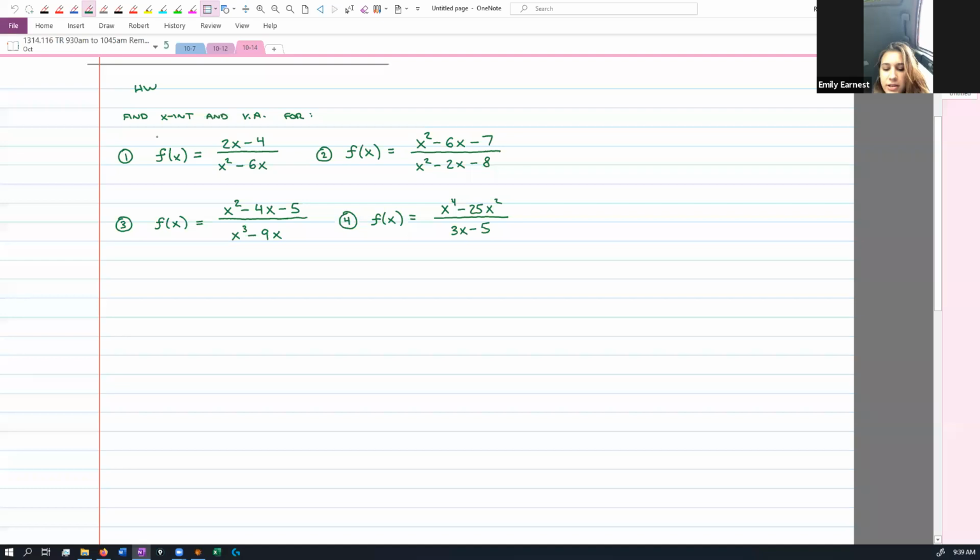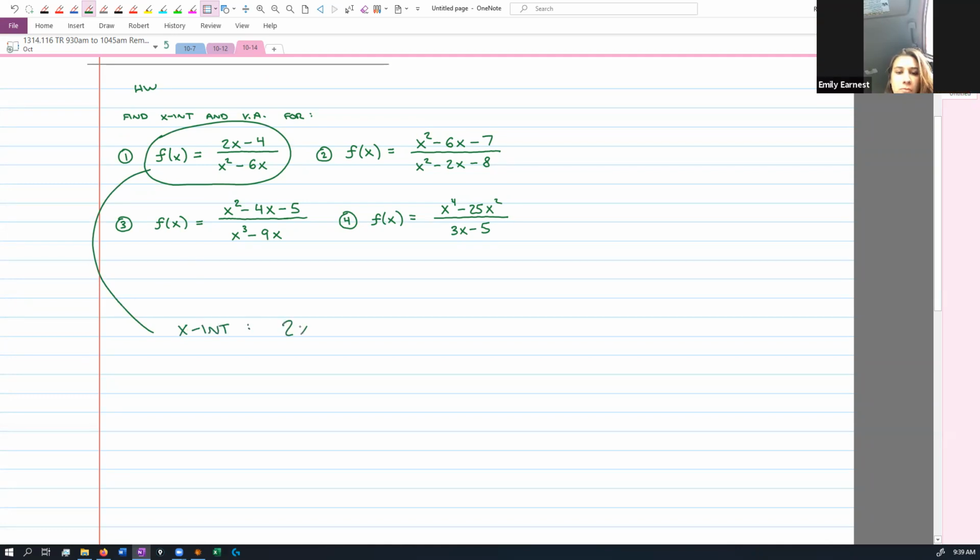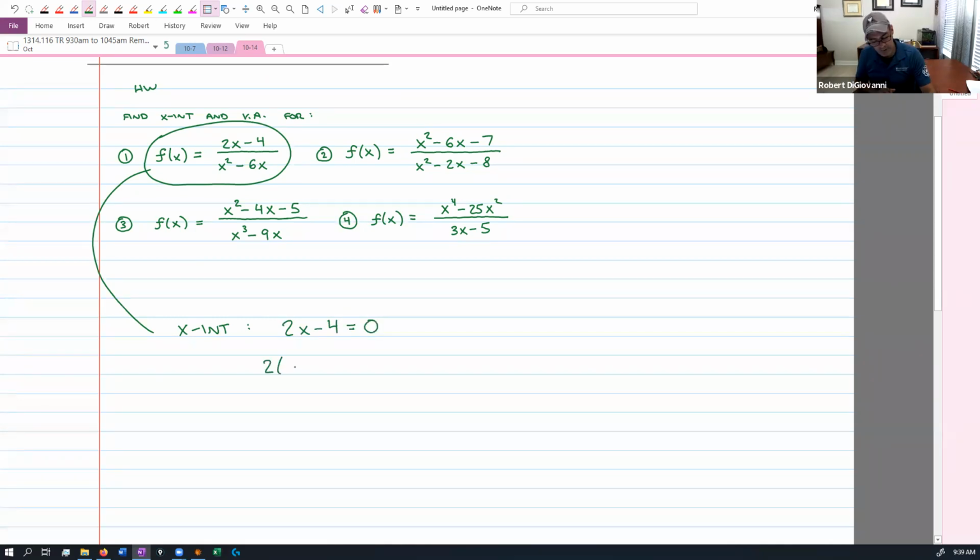Okay, so you're talking about this one here, and when you were finding the x-intercepts, you set the numerator equal to 0, and then you decided to pull a 2 out. That's fine. You factored a 2, which left you 2 times in parentheses x minus 2. I think I already know your question. You're probably going to ask me about this 2 in front.